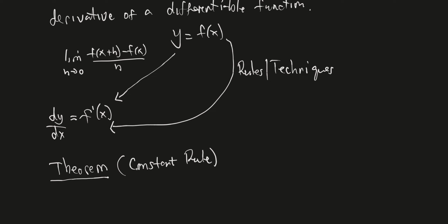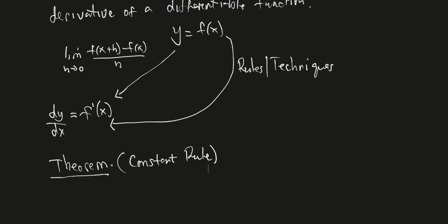And its name is going to be based on some kind of algebraic property, or something that has to do with algebra. The language of calculus is algebra. If you're good at understanding that language, then you're one step ahead of the game as far as understanding how and when to do all the things that calculus will ask you to do. All right. So the constant rule.